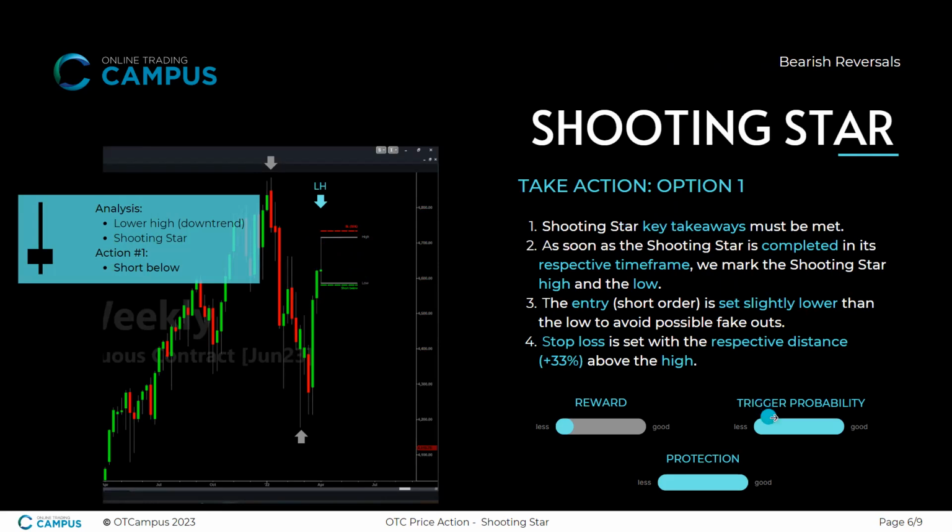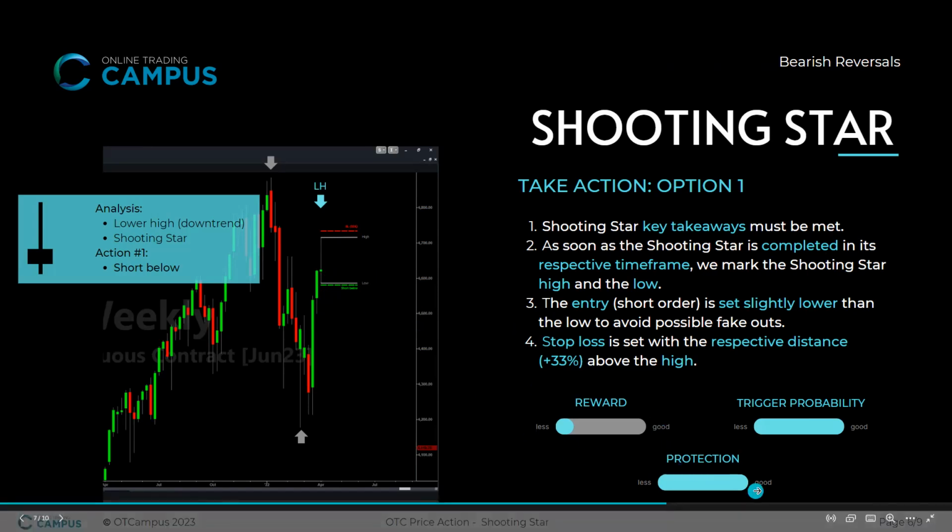Option one has great trigger probabilities. That's the reason why I love option number one, the trigger probability. If we trade below, right, if price is moving down, then you're definitely filled 100%, and that's great. You will not miss this great trade opportunity. Protection, of course, is one of the best.